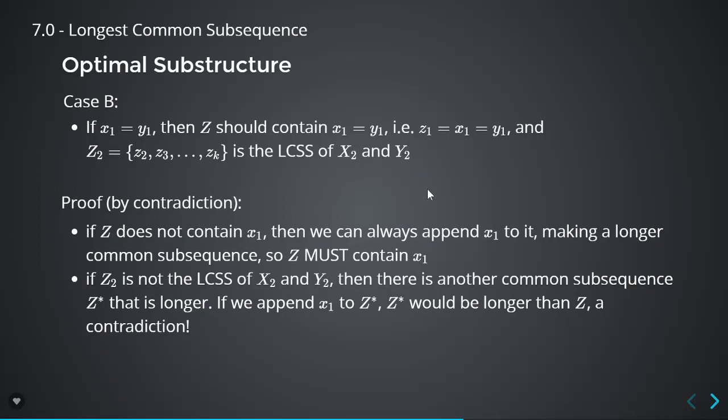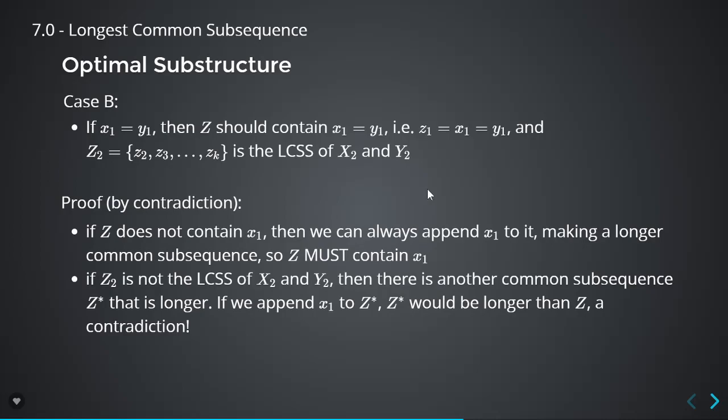We decided to do this earlier, right? So if you don't have x1 in the optimal solution, then I can just add it in, right? x1 matches y1, and boom, I have something longer. So your optimal solution cannot not contain x1, right? So Z must contain x1.